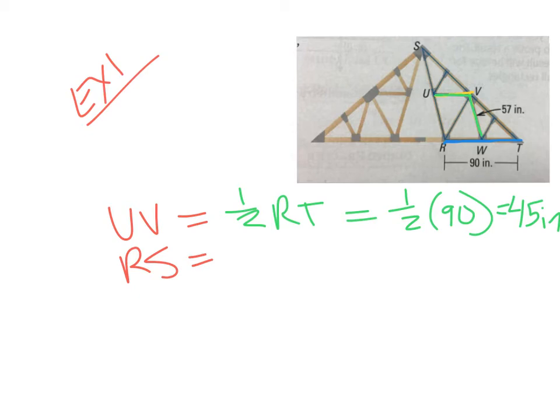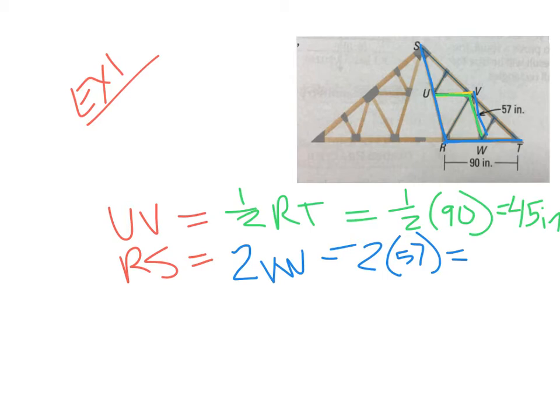Okay, and then she said earlier, we know the measurement of VW, and we're trying to find RS. Well, what is VW compared to RS? Half of it. Or if we're going the reverse route, I would say 2 times VW is what RS would equal. So I'm going to say 2 times 57.